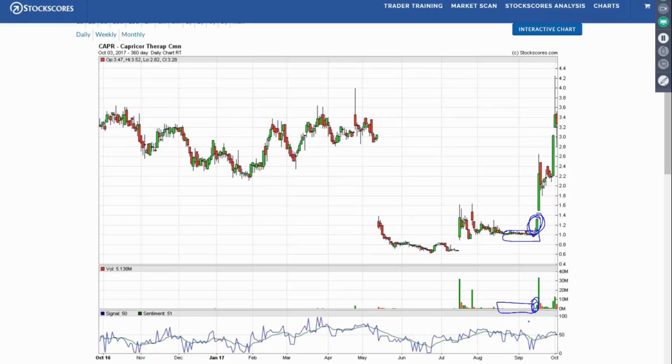It doesn't take a rocket scientist to figure out that the people that follow this company the closest have heard a rumor, perhaps there's been a news release, some new information is out there that warranted these people going from being willing to pay $1 a share to being willing to pay $1.30 a share. And that's all I do. And that's all I've ever done for the last 20, 25 years, is I look for stocks that are behaving abnormally. And those are the most powerful tools in the Market Scan.